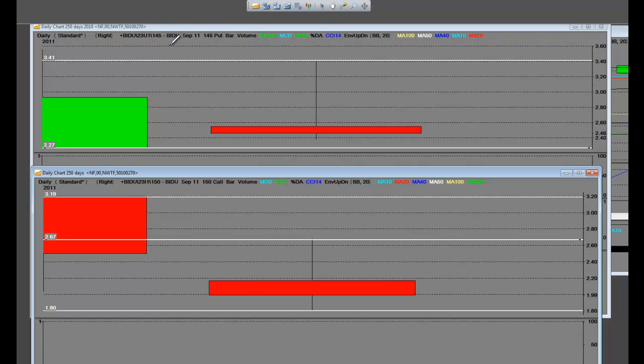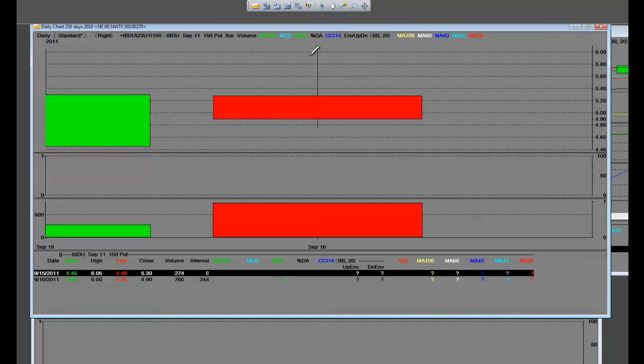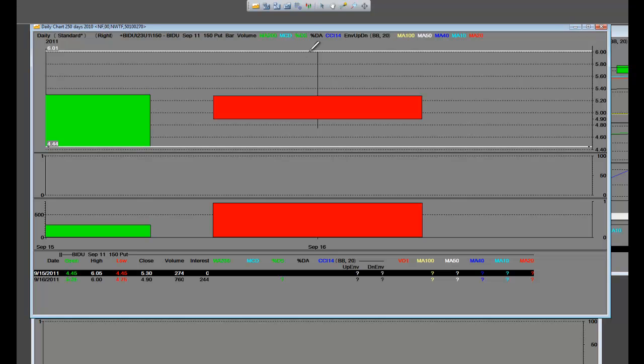So that's a September weekly, 923, and that's a 145 put, and that's a 150 call up and out of the money. But let's take a look at that 150 put that's in the money. It hits a high up here on the weekly level, 923, and it was a low over here of 444.